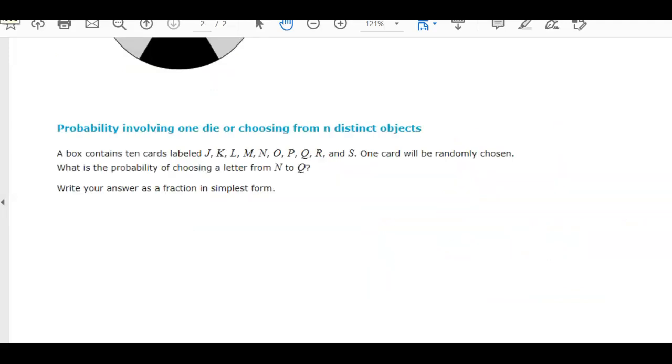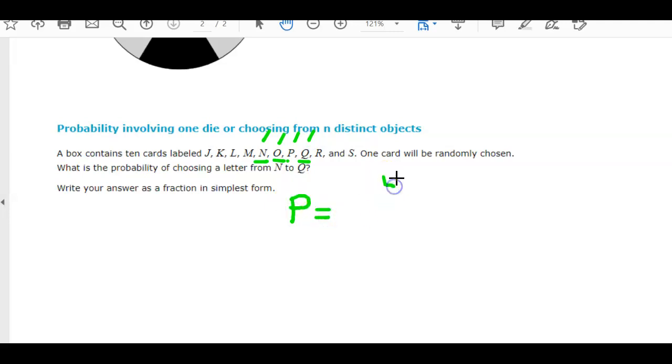Okay, number 3 here, you guys. A box contains 10 cards labeled J, K, L, M, N, O, P, Q, R, and S. One card will be chosen randomly. What is the probability of choosing a letter from N to Q? From N to Q, that means we can choose an N, O, P, or Q. So there's 1, 2, 3, or 4 favorable outcomes.